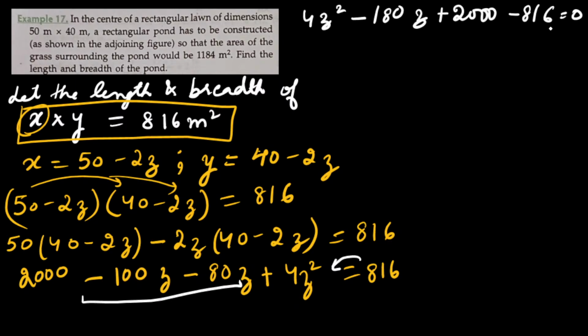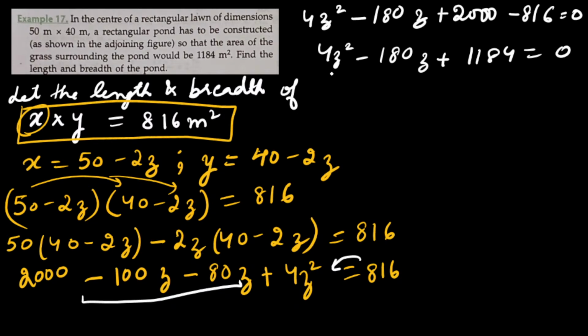So we can simplify 2000 minus 816, because all the like terms we have simplified. So this is 4Z square minus 180Z plus 1184 is equal to 0.